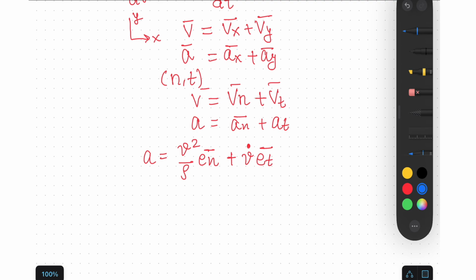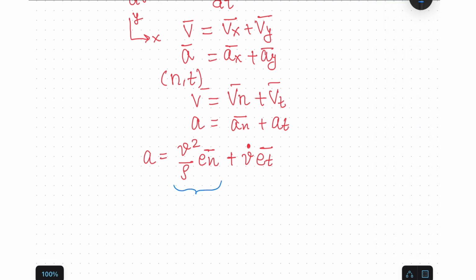If you note here, this term is our an and this term is our at. Guys, we solved this equation and derived it here. So in this case we can say that this term is an and this term is our at.